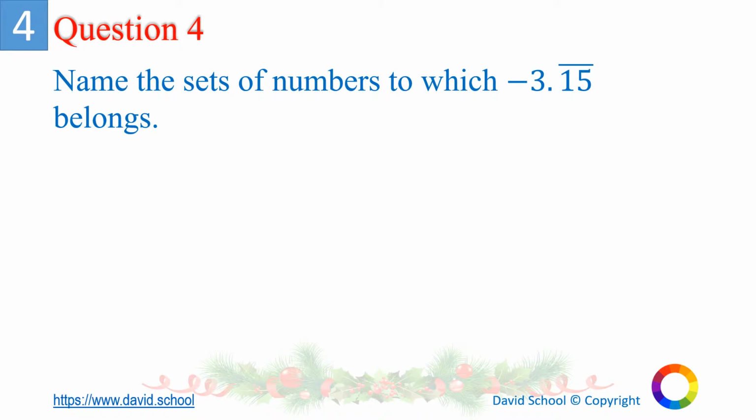Example 4. Name the sets of numbers to which negative 3.15 bar belongs. As we have seen, negative 3.15 bar can be written as a fraction, therefore it is a rational number, so it is real.